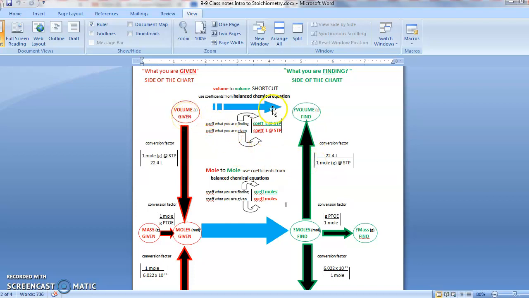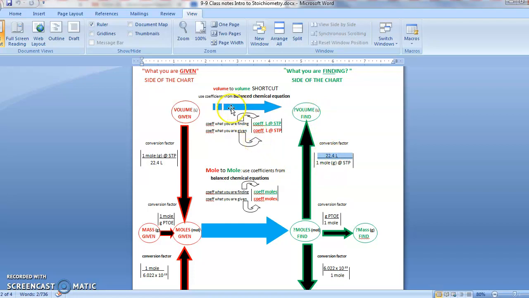When you're going from this thing to this thing, we're going to divide by 22.4 liters on the first step, and then we're going to multiply by 22.4 liters in our third and final conversion. 22.4 divided by 22.4 cancels. So the first conversion would be canceled by the third conversion.